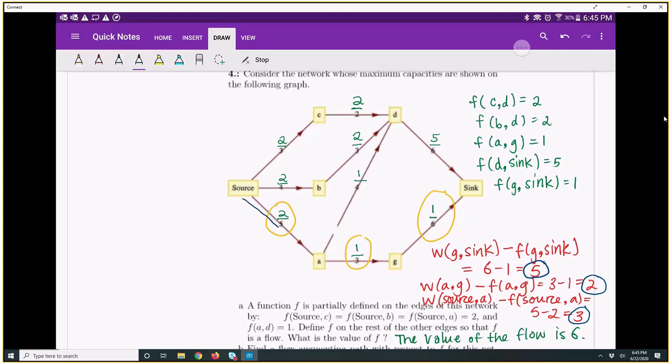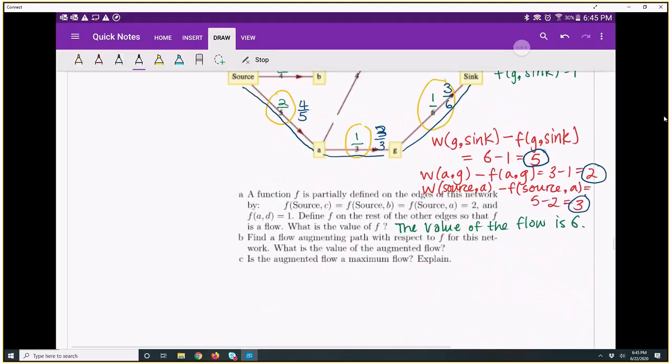So I can augment the flow by 2 all along this flow augmenting path. So my flow augmenting path is source to A to G, G to sink, and I can make this 4 out of 5, 3 out of 3, and 3 out of 6. So the flow augmenting path is source to A to G to sink.